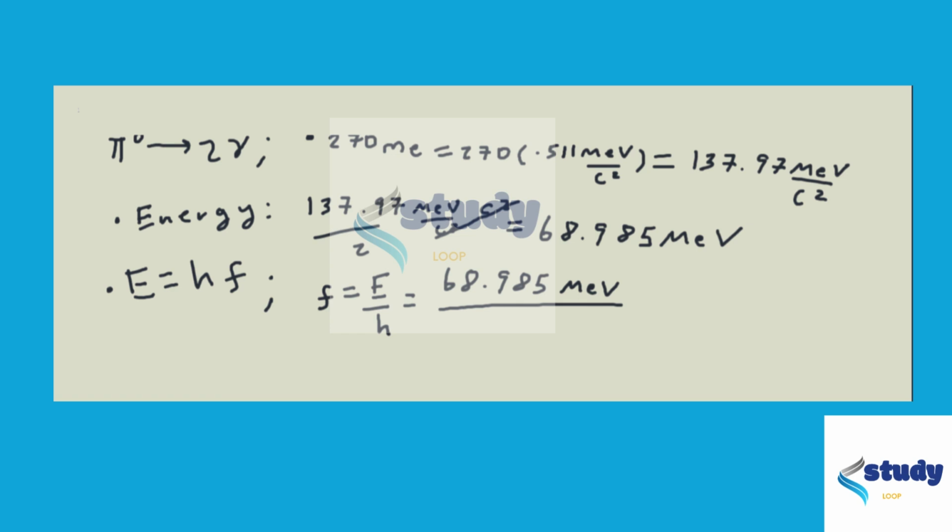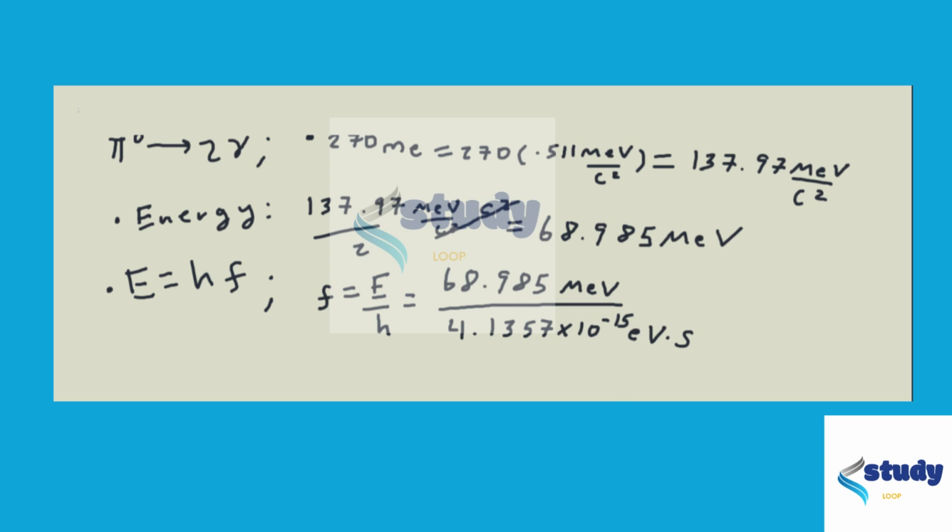Planck's constant in these units is 4.1357 times 10 to the minus 15 eV times second.